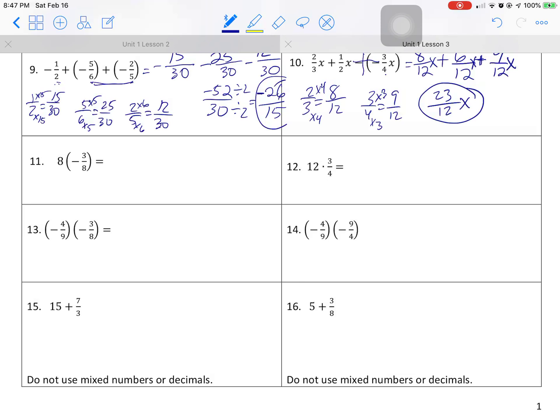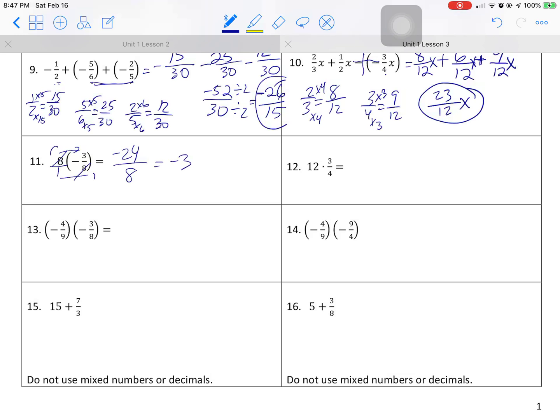All right, more fractions, but now we're going to multiply for this one. So what is 8 times 3 over 8? That's really over 1, so we're going across the top, which would be negative 24. Across the bottom, which would be 8. Or you can reduce it by the 8s.